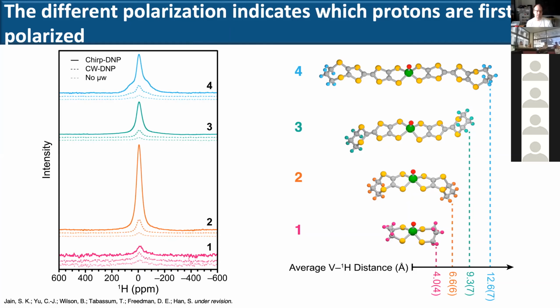And so being able to expand the toolkit of metals you can use for DNP is really powerful for these approaches. So, okay, we see the same thing. We see that the spin diffusion barrier acts to prevent the first sphere of protons from being polarized, and we first see polarization at the second sphere, which I think is pretty cool.